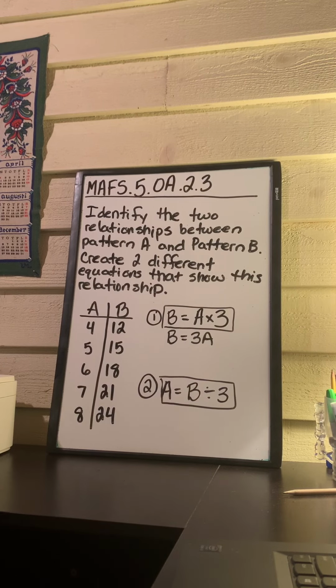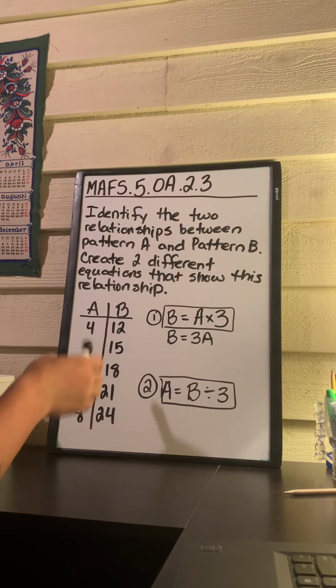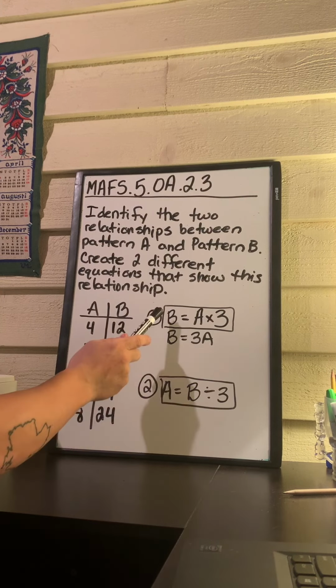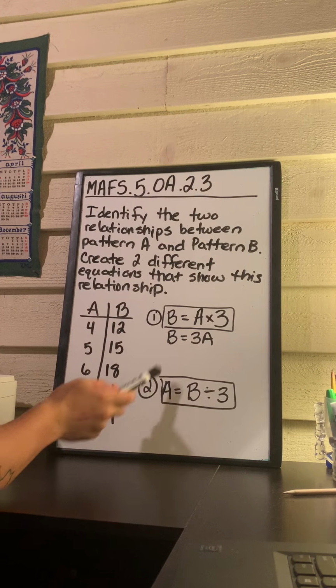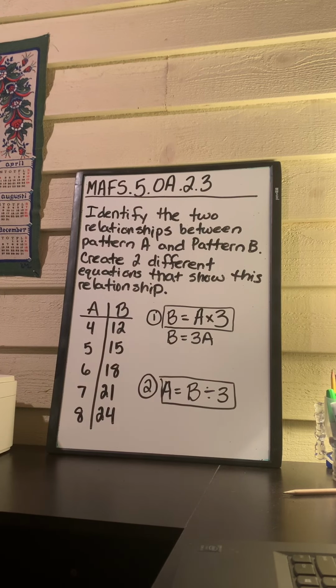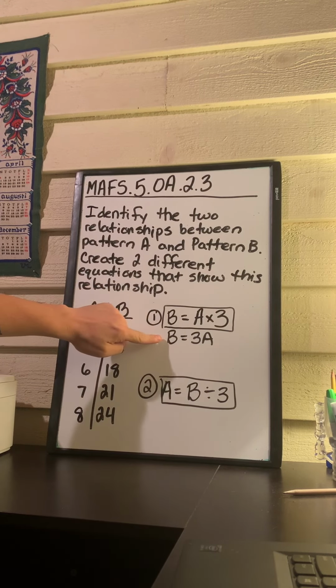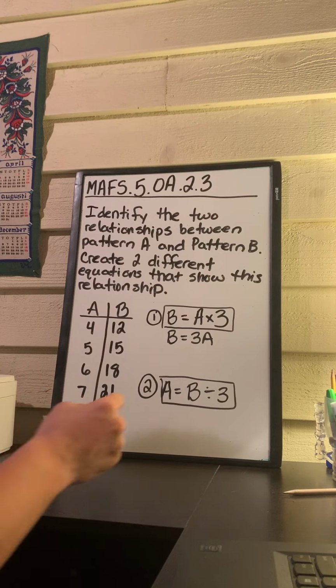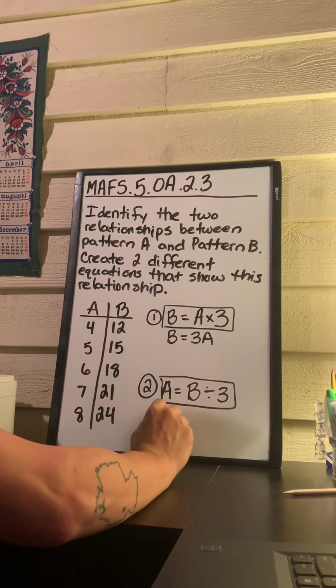Now, to extend this problem a little bit further, the main answers we're looking for are 1 and 2, the ones I squared off in a box. I have separate sample answers here. So this one could also mean B equals 3A, which means the same thing. Something you may also recognize is we could write this in a different way.